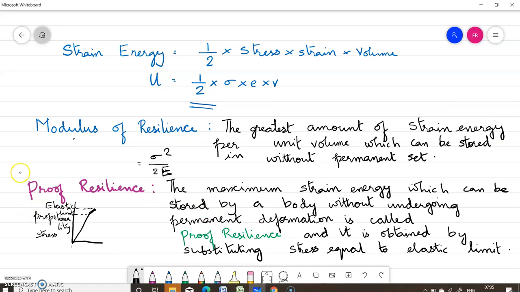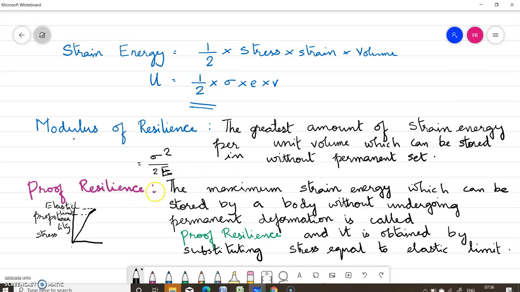Okay, so these terms are important. What is resilience? Resilience is the strain energy per unit volume. What is modulus of resilience? The greatest amount of strain energy per unit volume which can be stored without permanent set is known as the modulus of resilience.